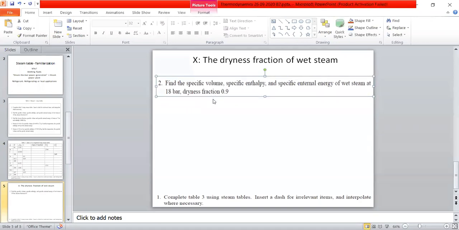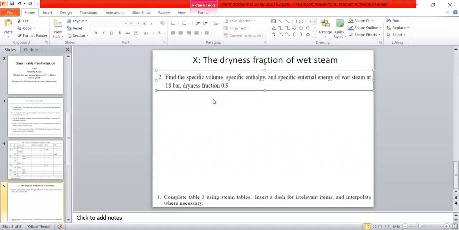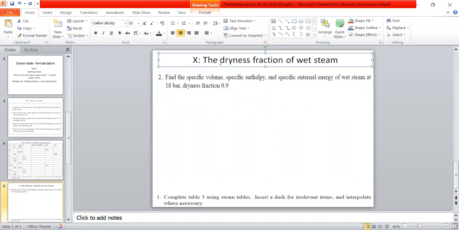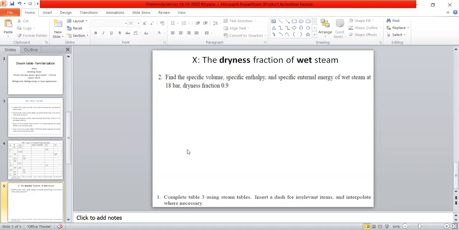When you need to understand this, beneath the word dryness, beneath the word fraction, what really comes to you is the opposite of dryness, which is wet. Anyway, the opposite of dryness is wet.